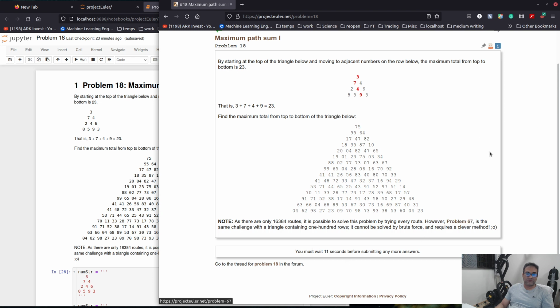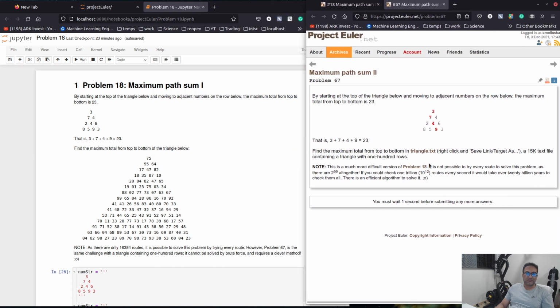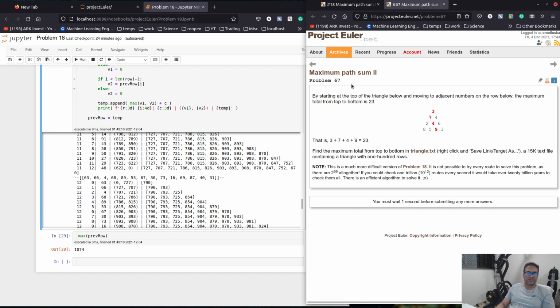What we want to do is we want to go over here and so this is problem 67. It's the same problem, but the string is very big. So this is problem 67.